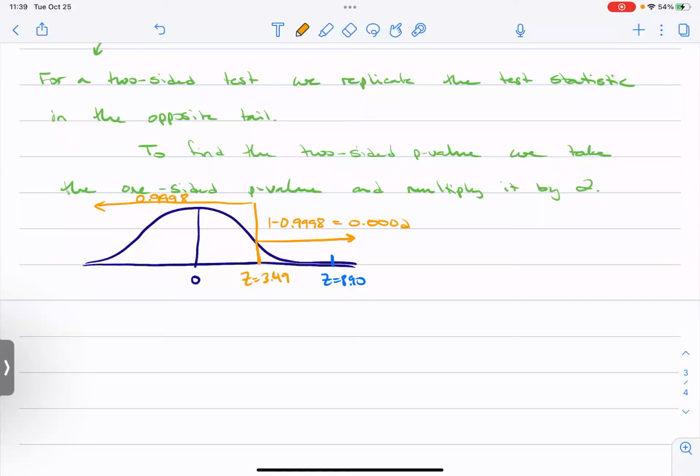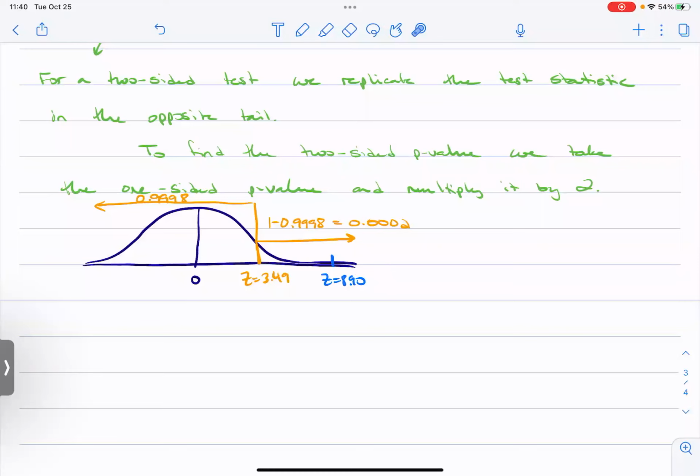So what does that mean in terms of the area in the tail from 8.9? Well, all we can really say is that it's less than 0.0002. Sometimes we get a little sloppy and say approximately 0, but it's really important that you say approximately 0, because even though 8.9 is large, it's not that large compared to infinity. There's area going all the way to infinity.